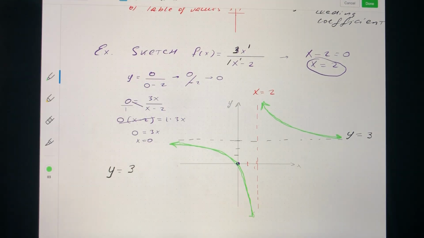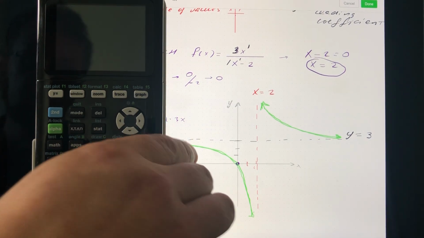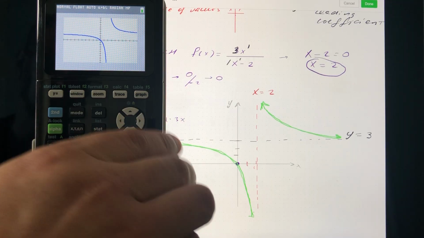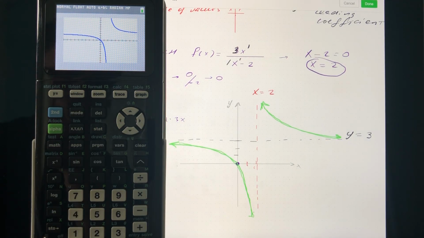So this is our sketch by hand, and once again, let's compare it to the sketch with the calculator. So here is the calculator work, and here is the sketch. Now, if we wanted to, we can put our asymptotes as guiding lines just for us to see.